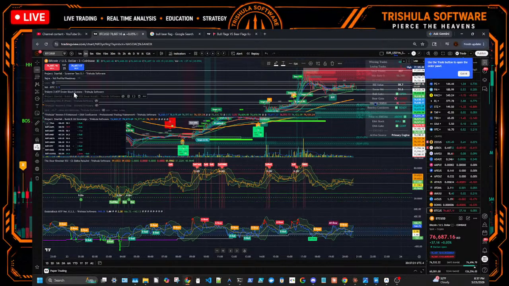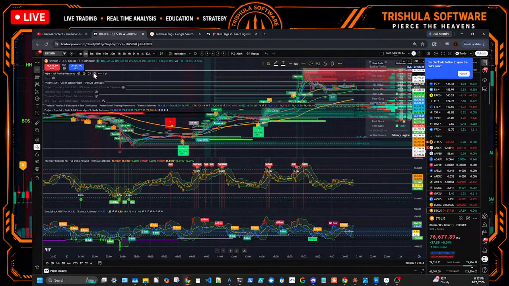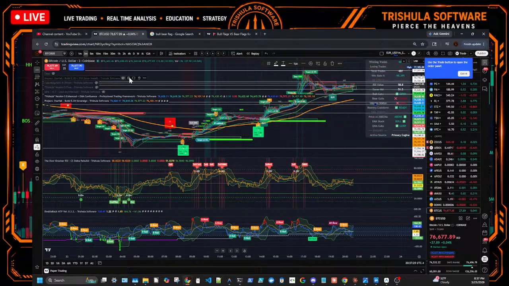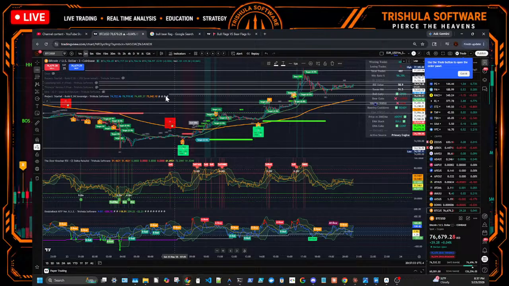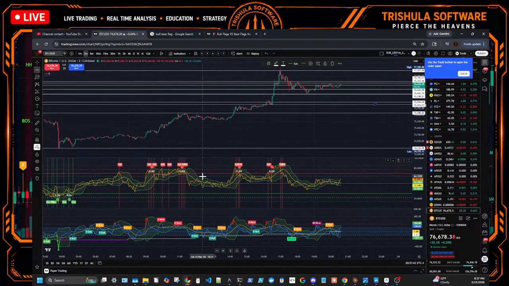Let me just go back to this. We'll just take all these out. I wish I could just delete all the top stuff and just keep the oscillators up. Boom, simple RSI, and this is our door knocker RSI, and this is double back.